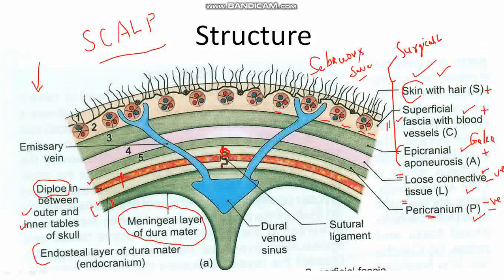Now below the surgical layer, this loosely adherent one, the fourth one, I have said is a dangerous area of the scalp because whenever any injury happens, a hematoma, which is a collection of blood, takes place in this layer.